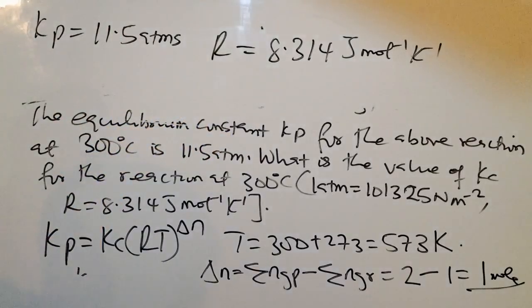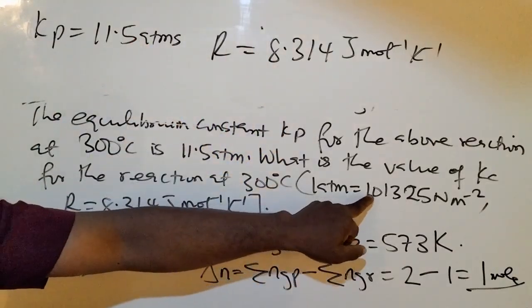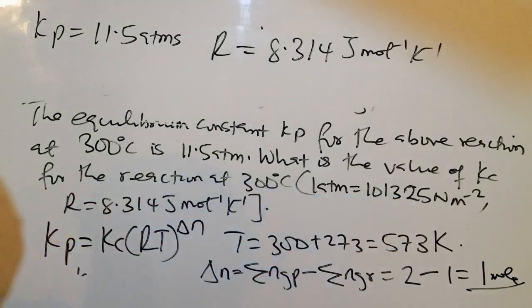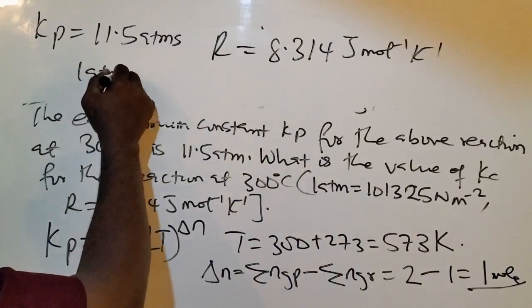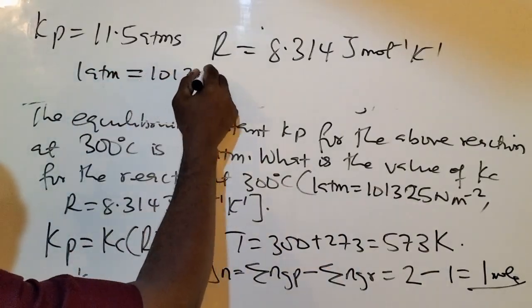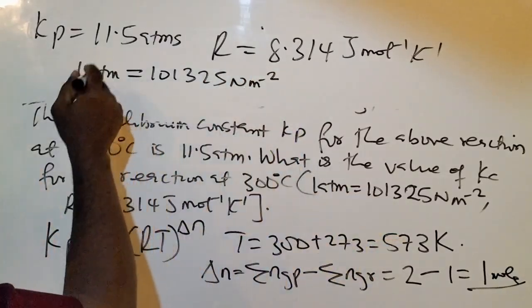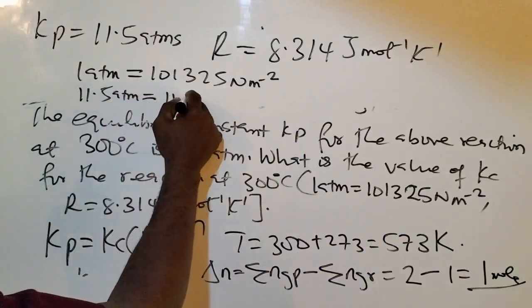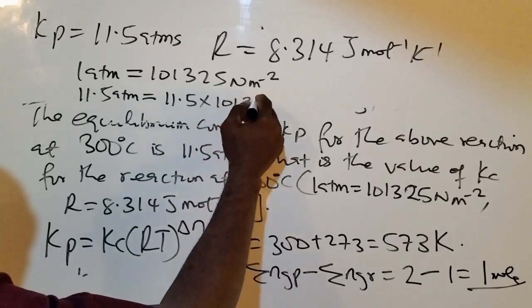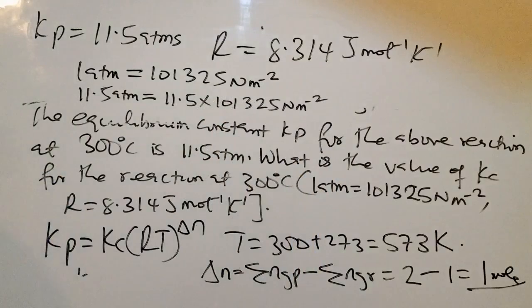So what you're going to do is convert this atmosphere to the SI unit of pressure, Newton per meter squared. We now have the conversion: 1 atmosphere gives us 101,325 Newton per meter squared. Therefore 11.5 atmospheres is 11.5 times 101,325 Newton per meter squared. So you convert it to the standard unit.